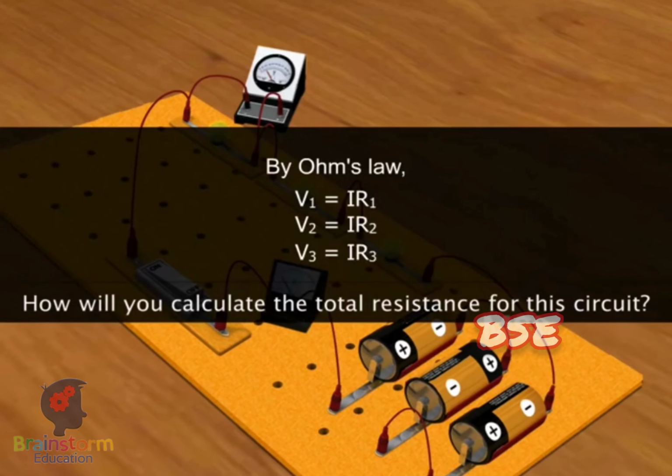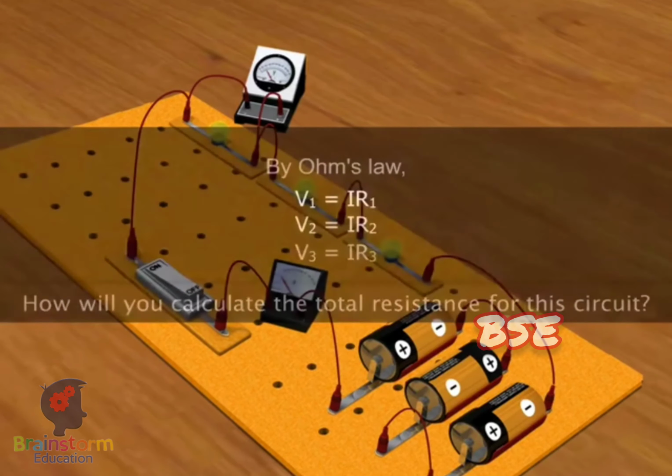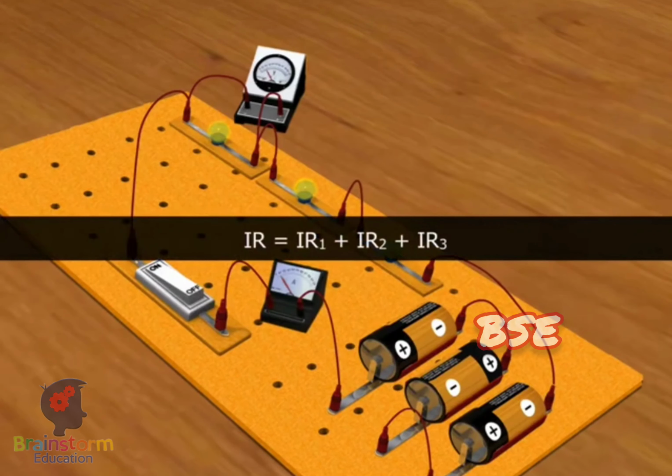How will you calculate the total resistance for this circuit? The total resistance of this circuit, IR, equals IR1 plus IR2 plus IR3. If the current flowing, I, is kept constant, then R equals R1 plus R2 plus R3.